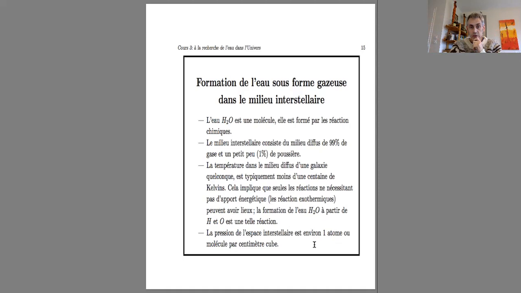I'll show you just some of the steps. First, let me mention that the pressure in interstellar space is extremely low. It's a strong vacuum, right? It's easier to express it in terms of the number of atoms or molecules per centimeter cubed: about 1 atom or molecule for each cubic centimeter in interstellar space, so between the stars, but within a galaxy.